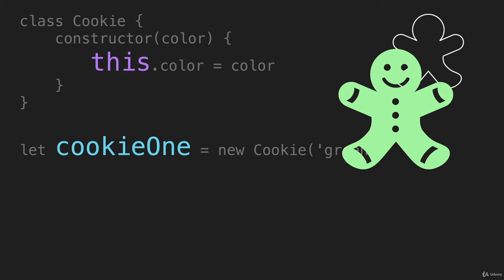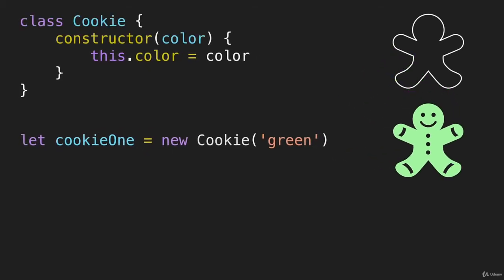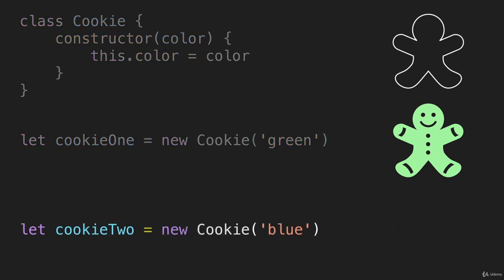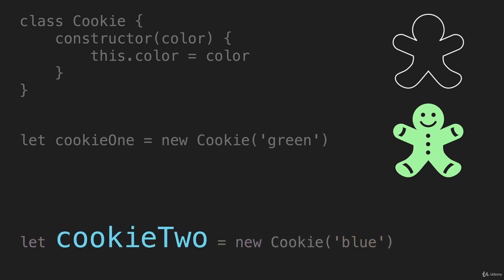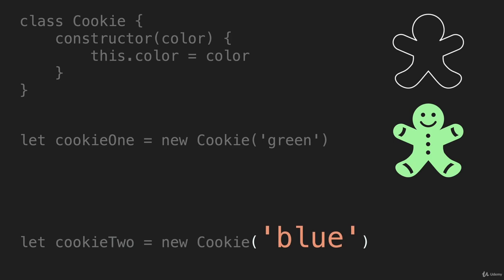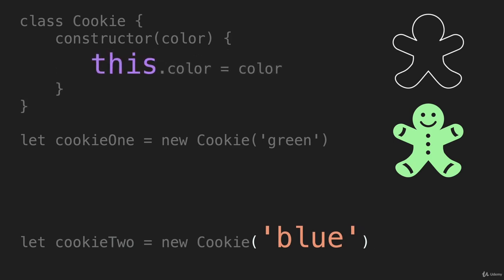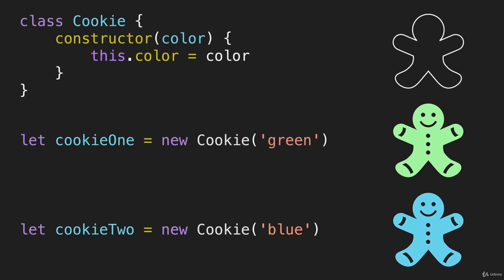So to expand on this, let's create another cookie. We'll say let cookie2 equal a new Cookie that is blue. So cookie2 is a specific instance of Cookie. This one is blue. That is, this cookie is blue.